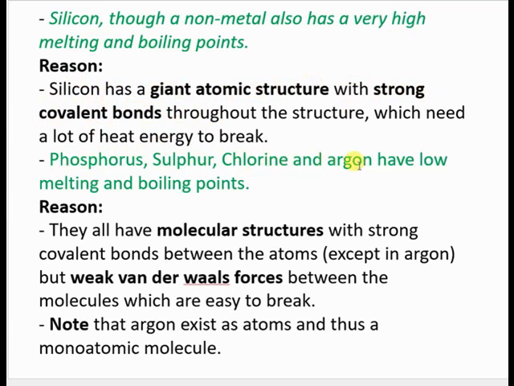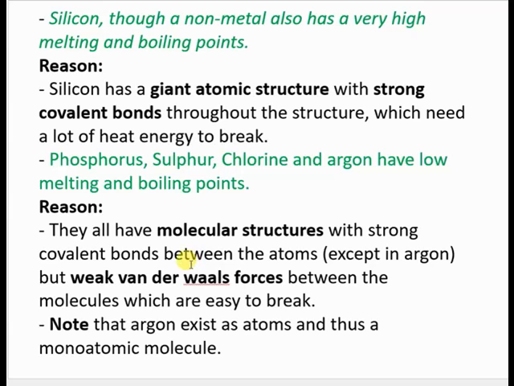Phosphorus, sulfur, chlorine, and argon have low melting points. You know why? They have molecular structures, made of molecules. They have strong covalent bonds between the atoms, except in argon, but weak van der Waals forces between the molecules, which are easy to break.